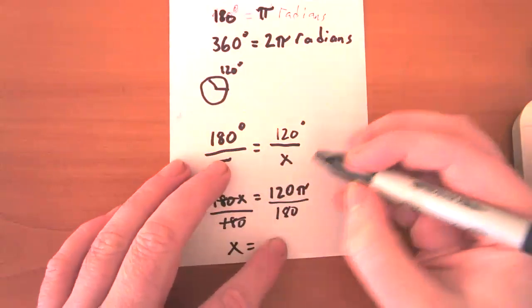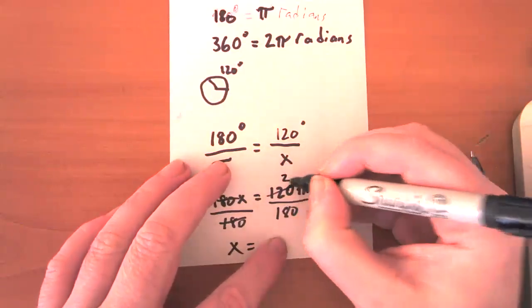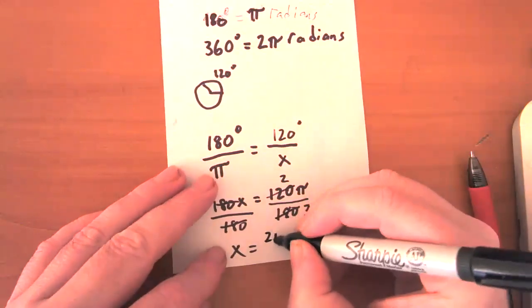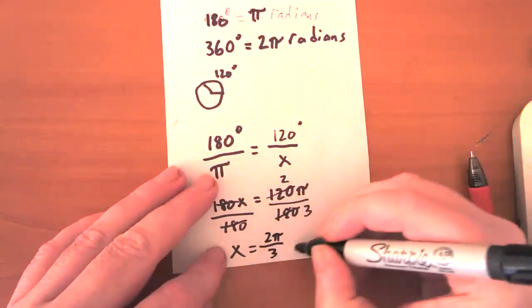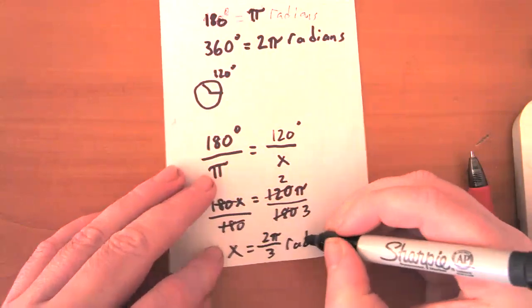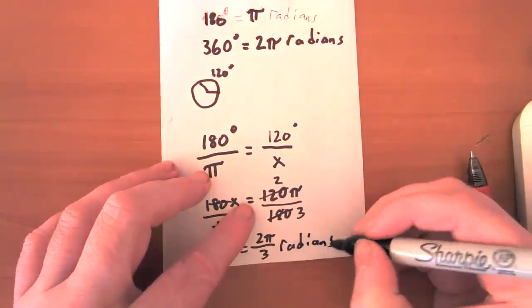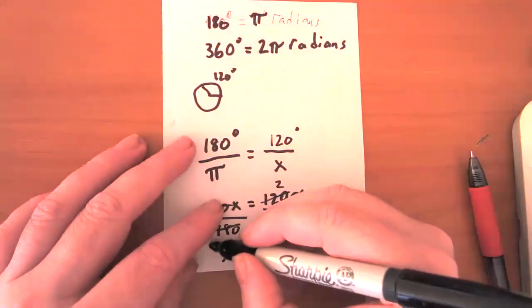So I could divide both sides of this by 60, and that would become a 2, and that would become a 3. And so an angle of 120 degrees, I could express that as 2 pi over 3 radians.